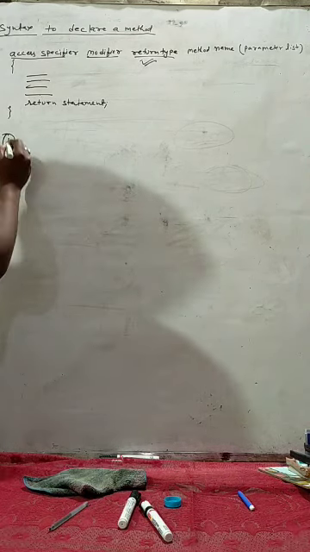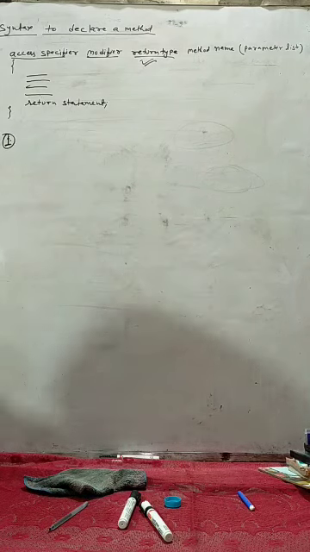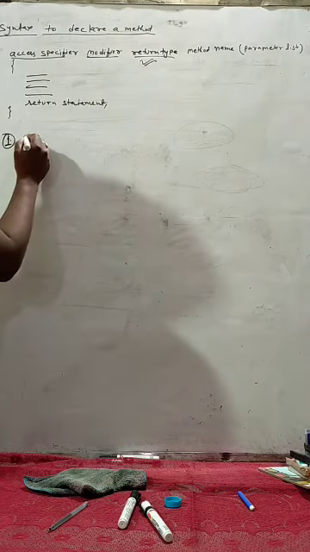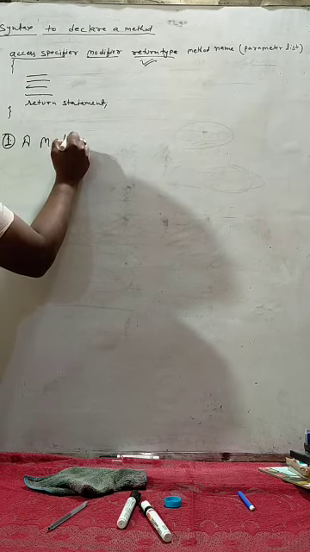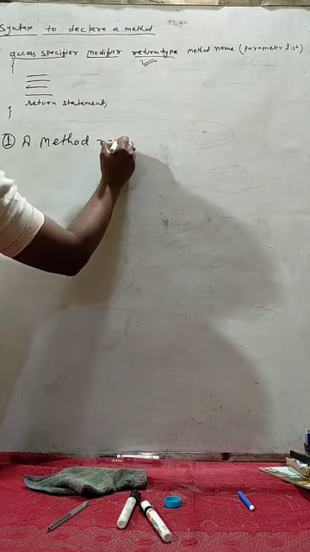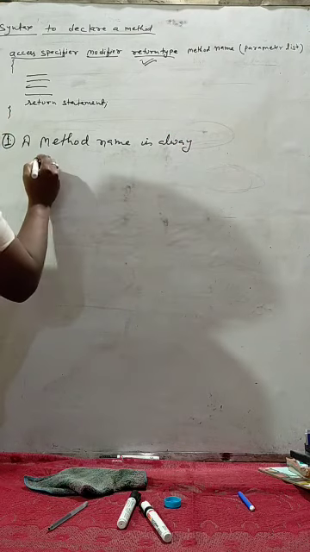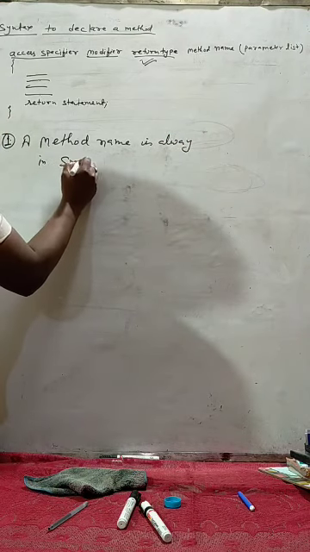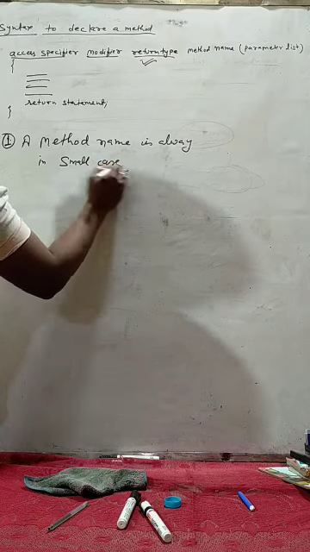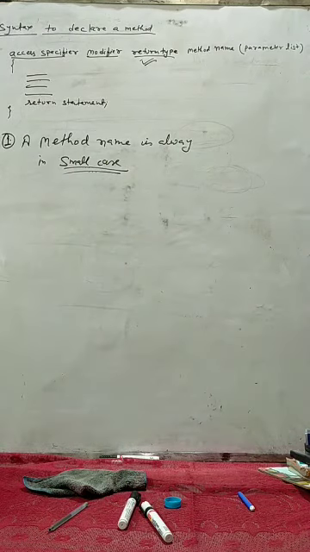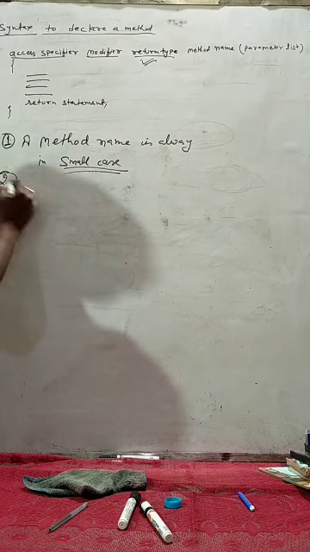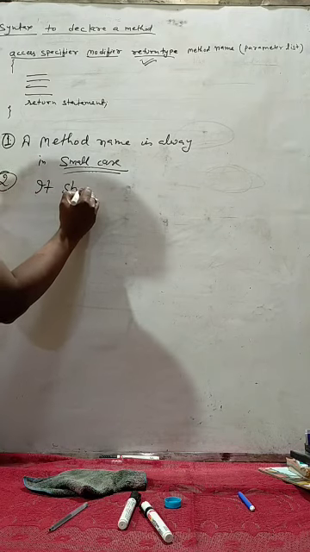First rule is that a method name is always in small case. Generally, a method name is always in small case. Next, it should be meaningful.